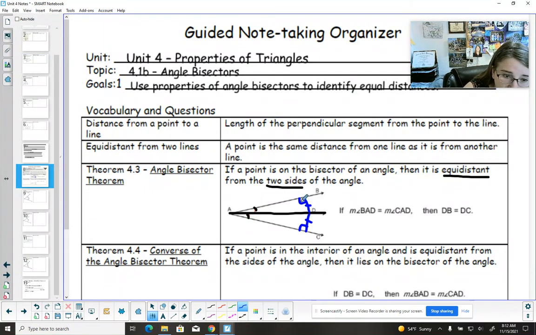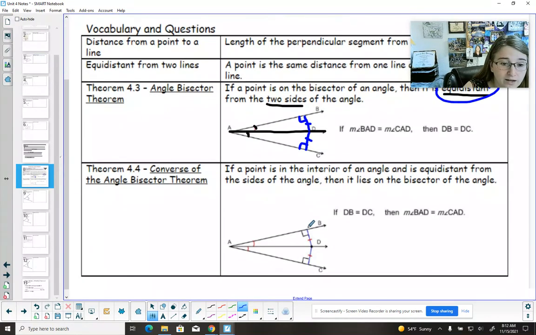So if you don't have these right angles, we can't say that it's equidistant. We need both. So once more in this picture, you're going to have equal distances here and those right angles in the corner.